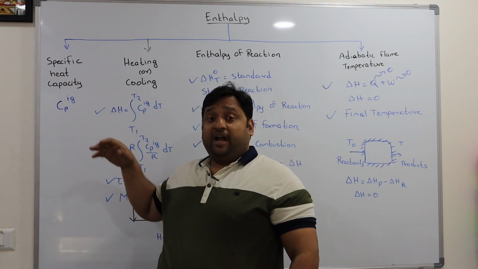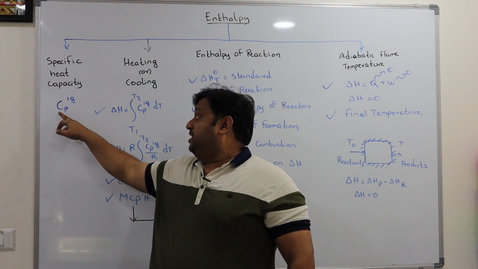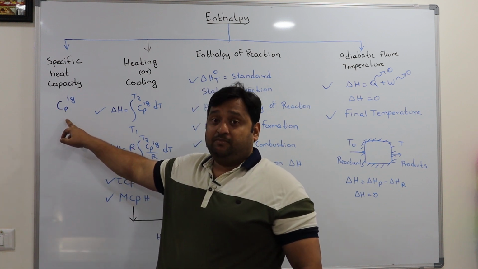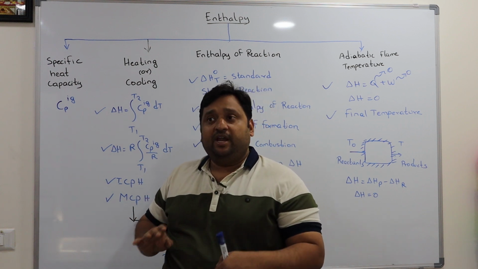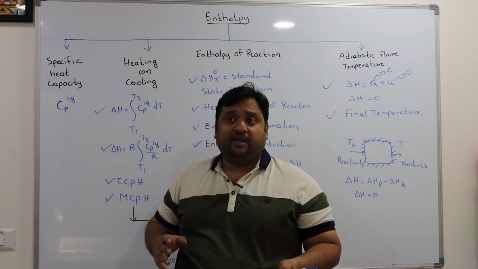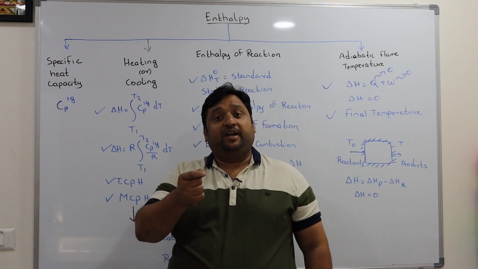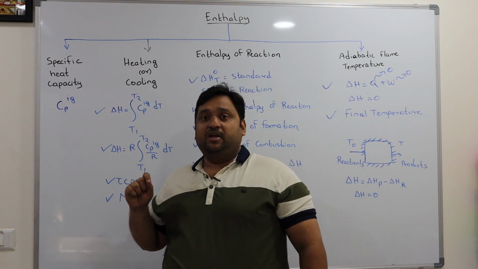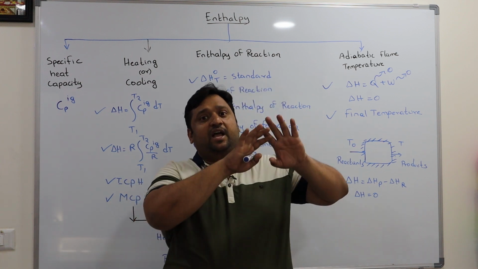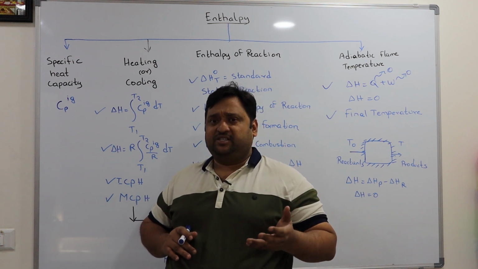And I told you that there are two specific heat capacities. One is specific heat capacity at constant pressure. Second is specific heat capacity at constant volume. In the majority of situations, like in mechanical engineering or chemical engineering, CP, that is specific heat capacity at constant pressure, is more important. Because generally, equipment operates at constant temperature and pressure conditions.